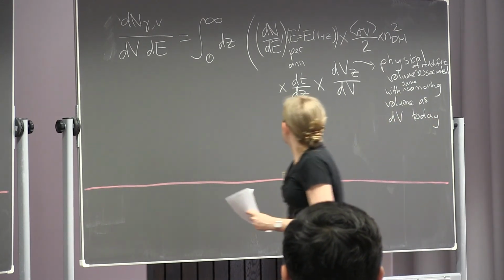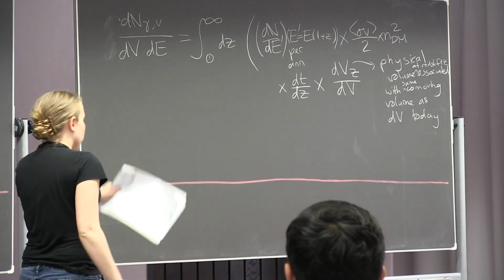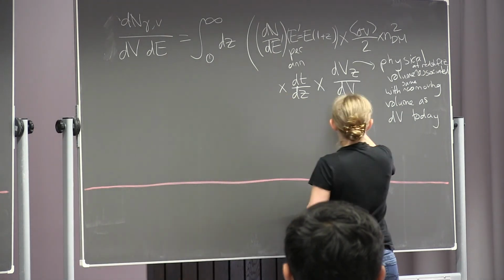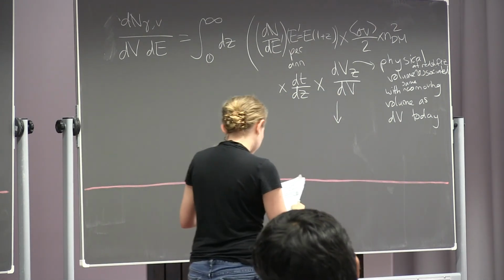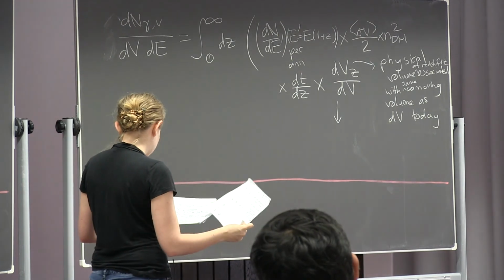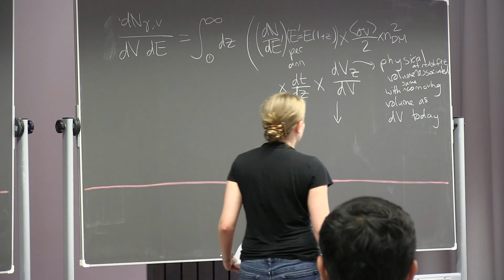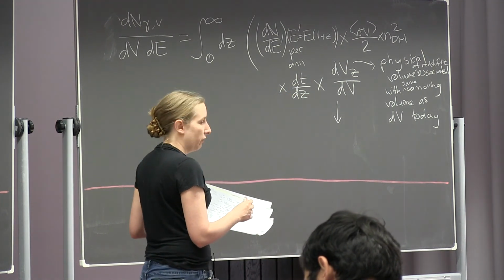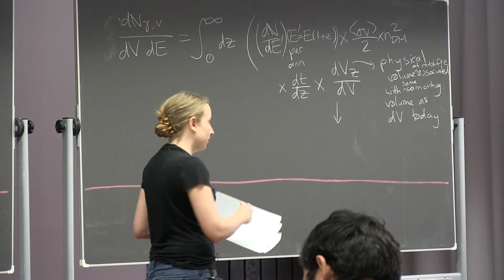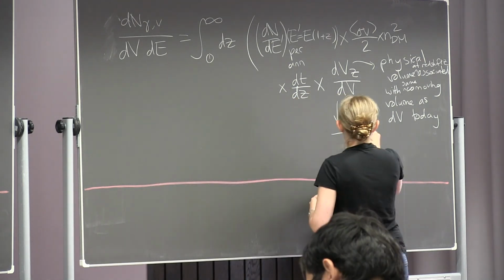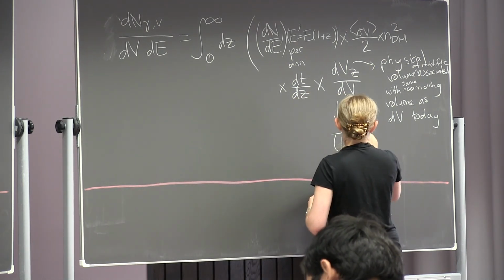Okay. So what are the factors that we need to put in here? Okay, so this volume factor, let's just check that I get this right, because this is easy to get around. At early times, the physical volume associated with a given co-moving volume was smaller, right? The universe has been expanding by a factor of the scale factor cubed.